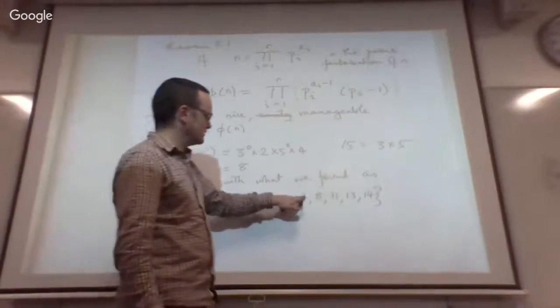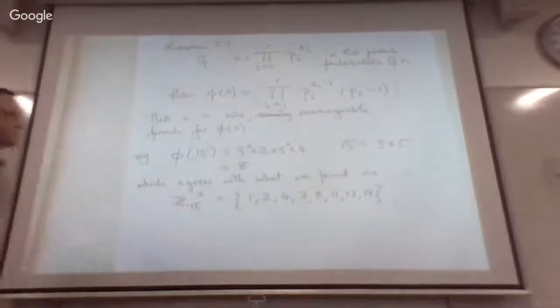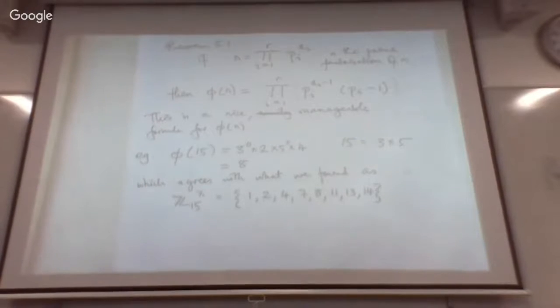Should be 1, 2, 3, 4, 5, 6, 7, 8. Everything else that I've skipped over is not coprime to 15.